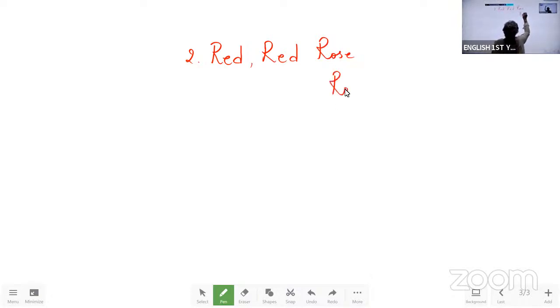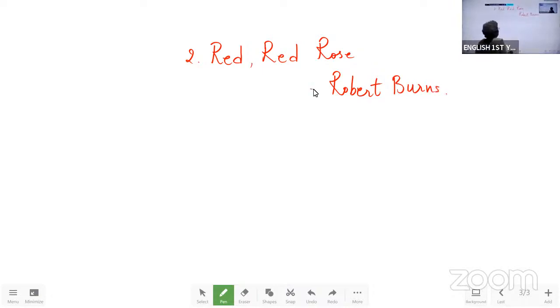Now going on to the next, the second is The Red Red Rose, written by Robert Burns. This is a very simple poem.